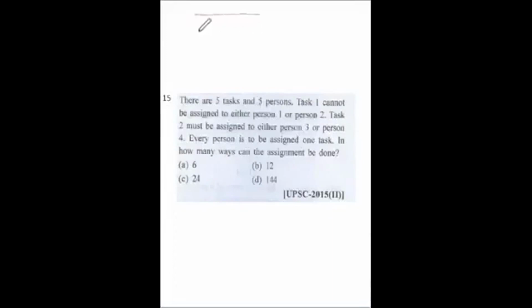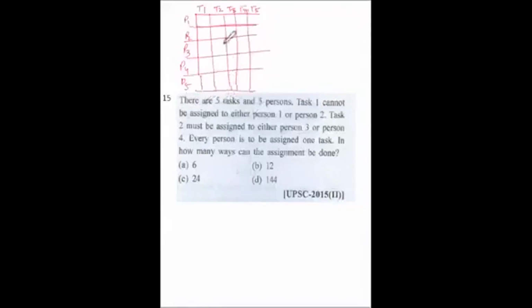Here 5 tasks and 5 persons are there. T1, T2, T3, T4, T5, P1, P2, P3, P4, P5. So we have this one, and according to the question, task 1 cannot be assigned to either person 1 or 2, and task 2 can be assigned to person 3 or person 4, and every person is to be assigned one task.